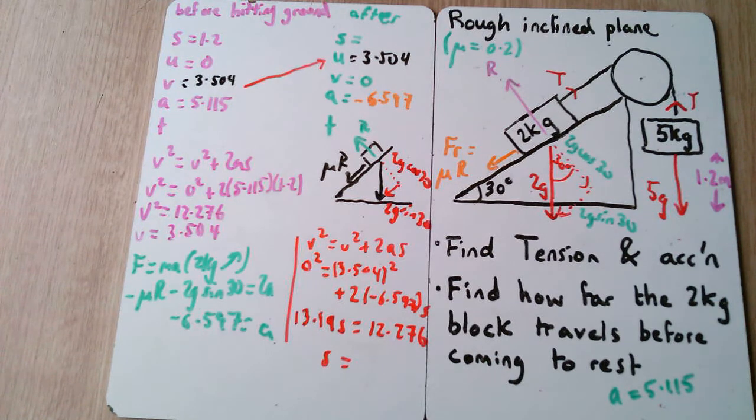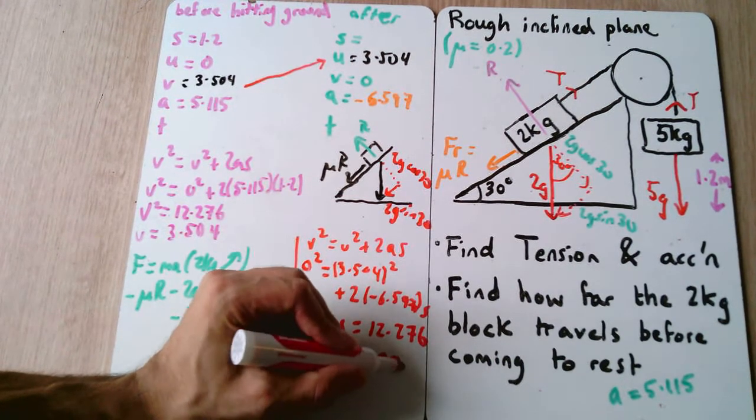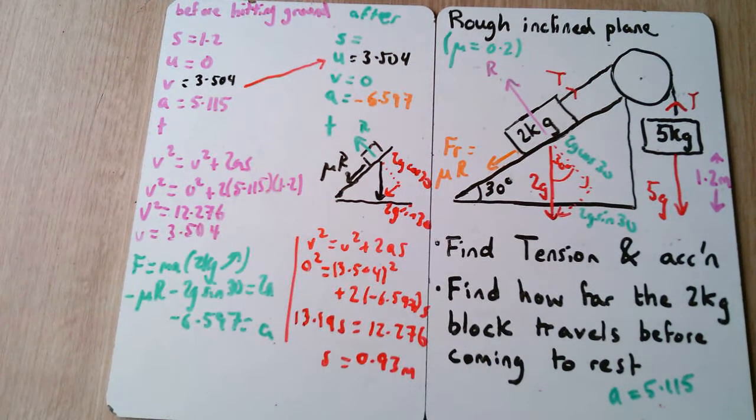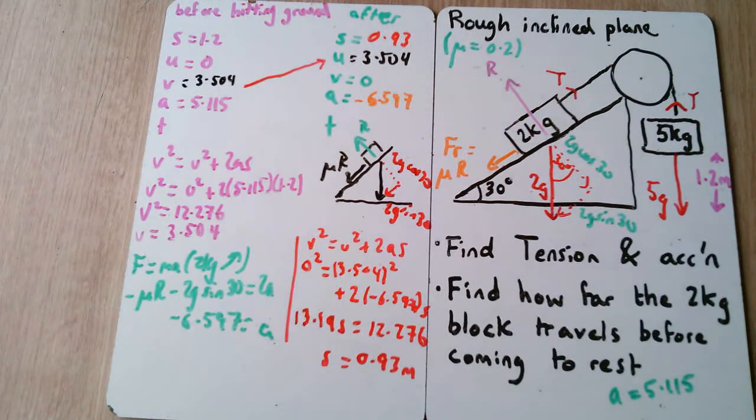we get a value of 0.93 meters. So our final distance that has been traveled over here is 0.93. Now the question said, find how far the 2 kg block travels before coming to rest.